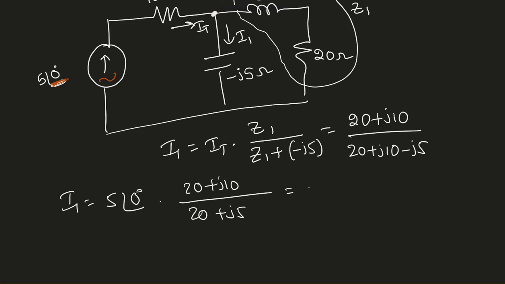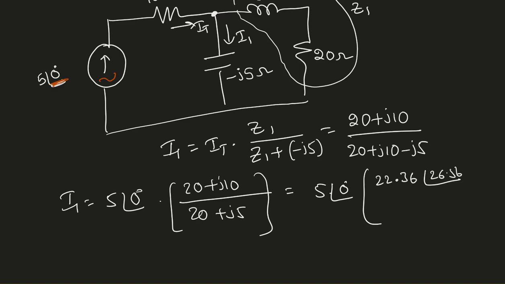Convert everything into polar format because we are doing the division. Whenever you are doing division, polar format is better. 20 plus J10 is going to be 22.36 at an angle of 26.56, and 20 plus J5 is going to be 20.6 at an angle of 14.03.